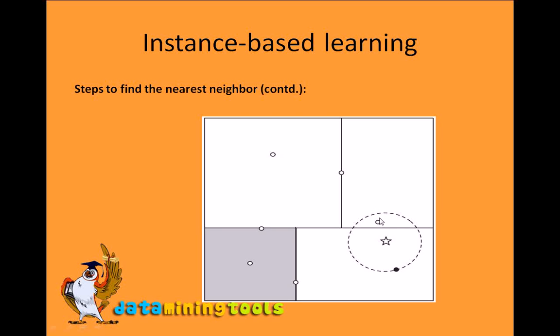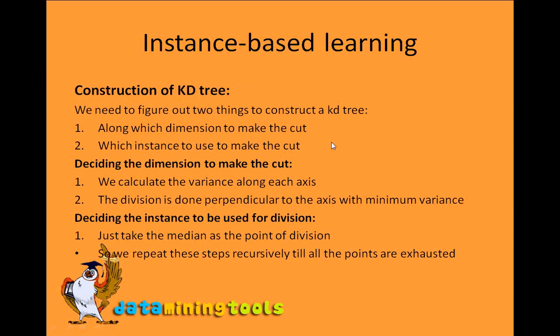Now this part does have an instance which is nearer to this star as compared to this black star, and we basically point this instance as the nearest neighbor. We repeat these steps until we reach the root node. In this particular case, this will remain the nearest neighbor, and this is how we find the nearest neighbor using a k-dimensional tree.